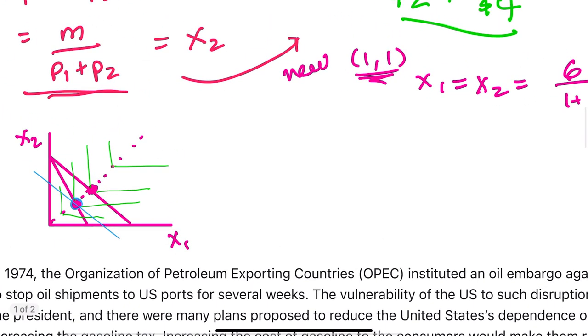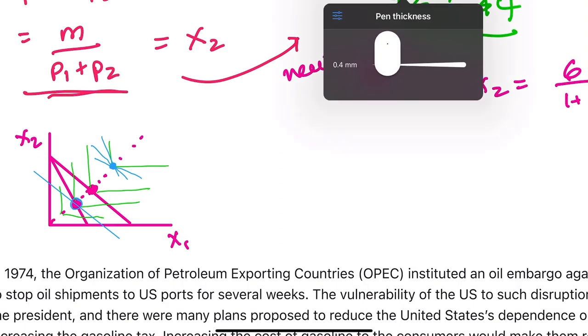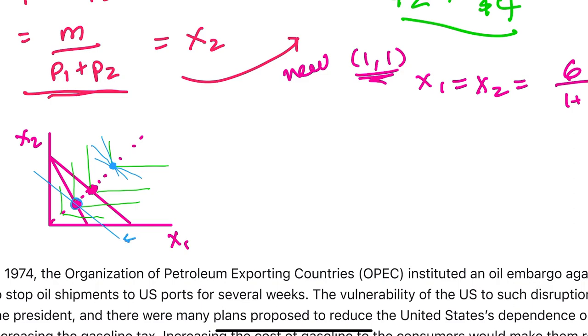We can already see, basically whatever budget lines we have along here, we're always tangent to this point. If this point is affordable, that's always going to be what we're selecting. We want the same amount of x1 and x2. And so this is already solved for us just by looking at the picture. Under the substitution effect, I have x1 equals x2 equals 2.